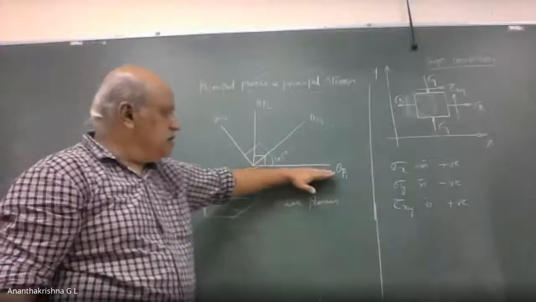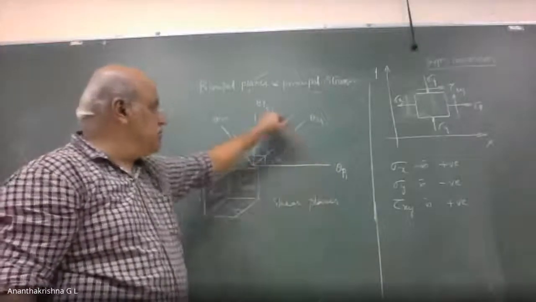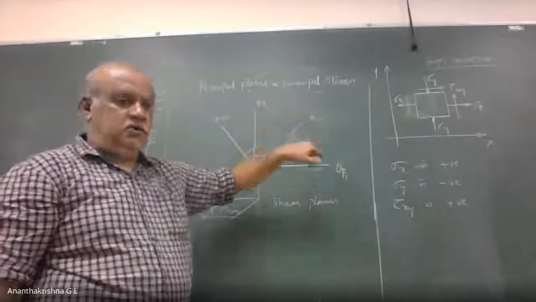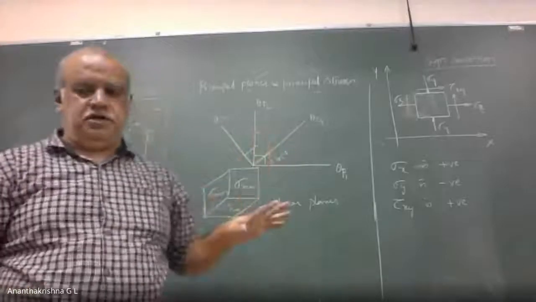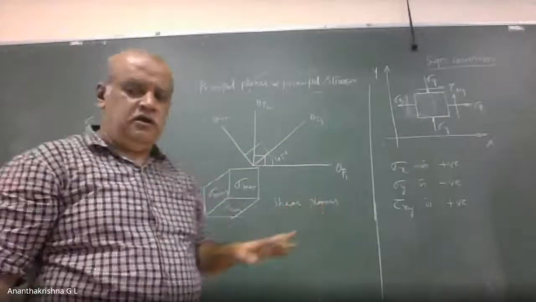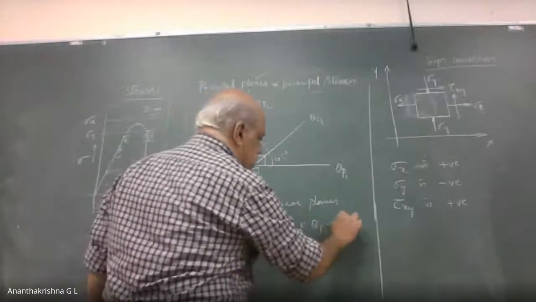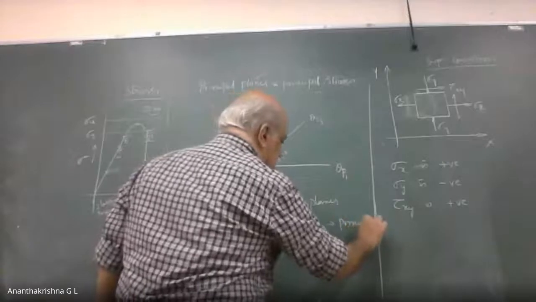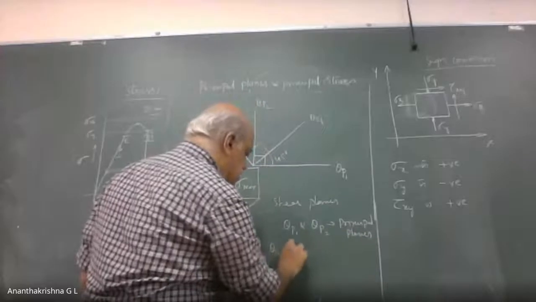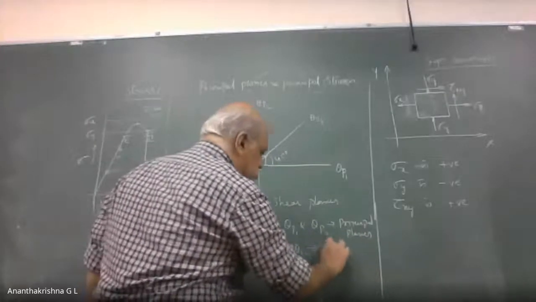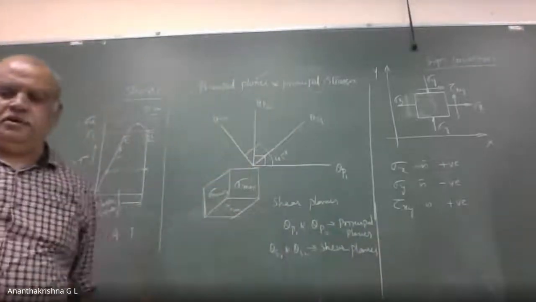Theta P1 and theta S1 are at 45 degrees, and theta P1 and theta P2 are orthogonal, as are theta S1 and theta S2. Theta P1 and theta P2 are called principal planes, whereas theta S1 and theta S2 are called shear planes. Please note this.